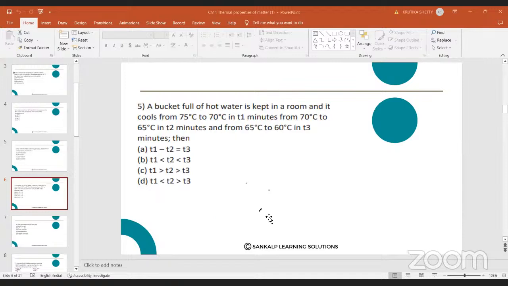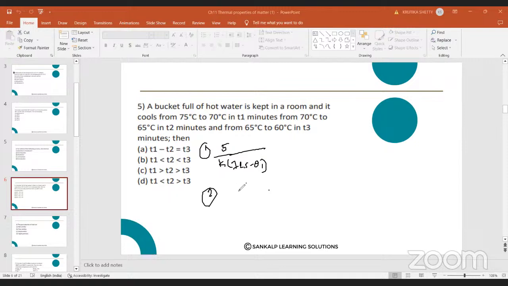So according to the solution, in case 1, I just wrote there it is 5 divided by K into bracket 72.5 minus theta 1. This is case 1.